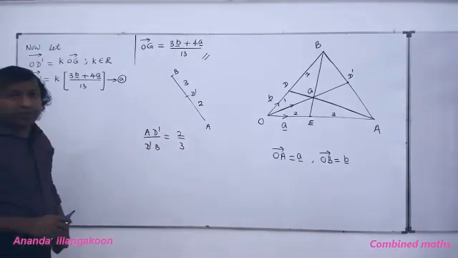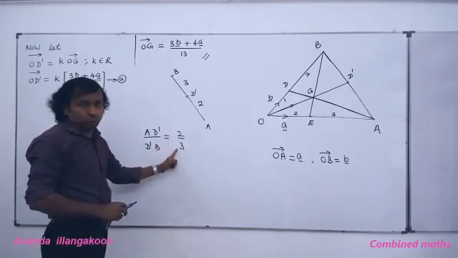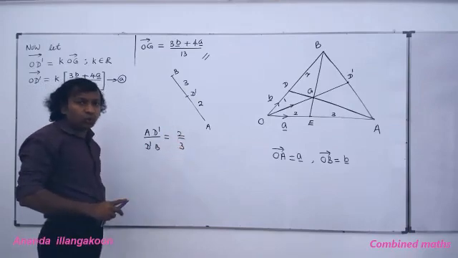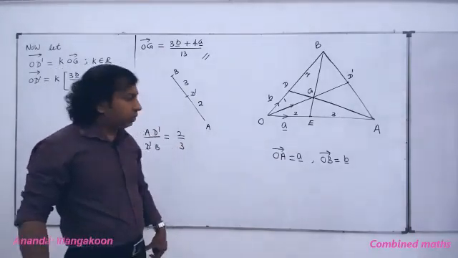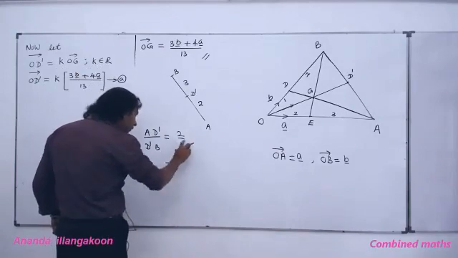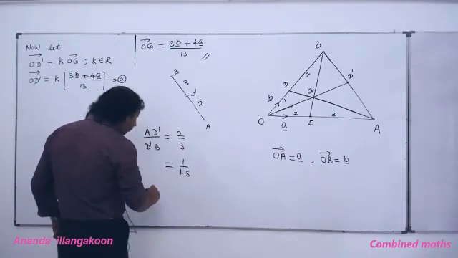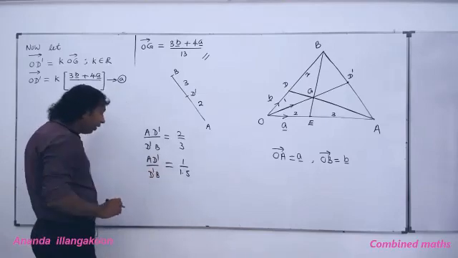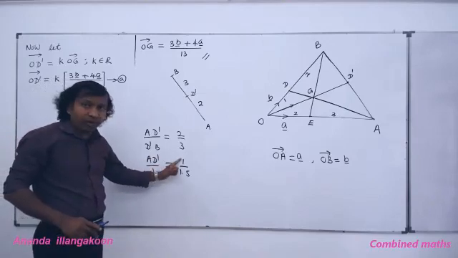Furthermore, I can divide both the numerator and denominator by 2, and the ratio doesn't change. Dividing 2 by 2 we get 1, and 3 divided by 2 is 1.5. So AD dash divided by D dash B is 1 is to 1.5.